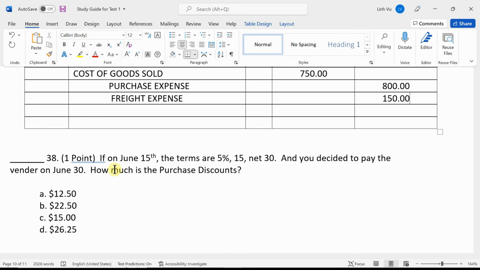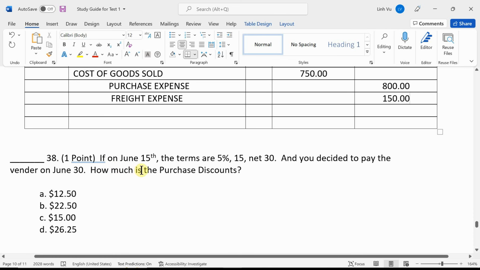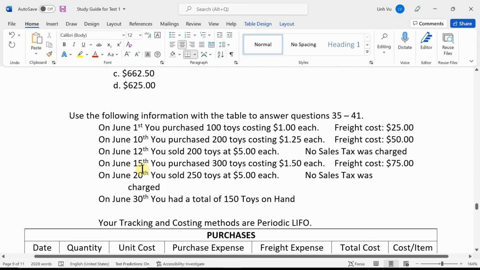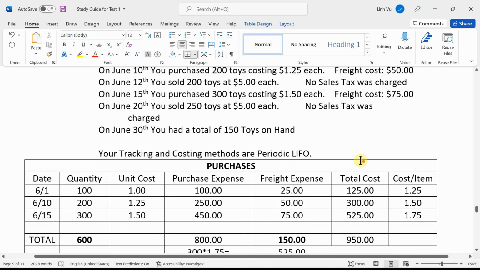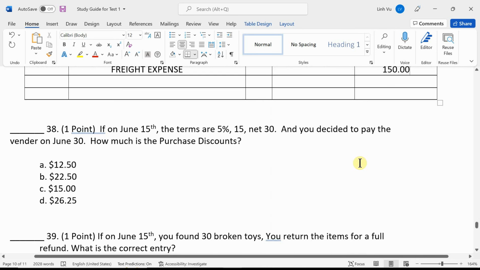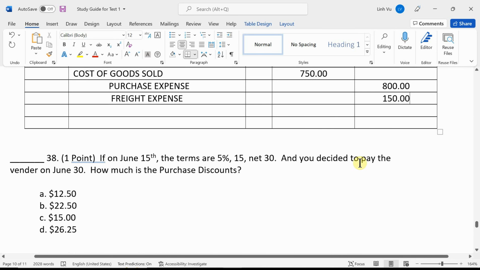Okay. So in this case, if on June 15, right? So in this case, we purchased June 15, we purchased 300 toys at $1.50 each with a freight of 75. Okay. If you made a purchase on that for June 15, okay, and terms were 5% 15 net 30, then you paid on June 30th, then what is the total amount of purchase discount?